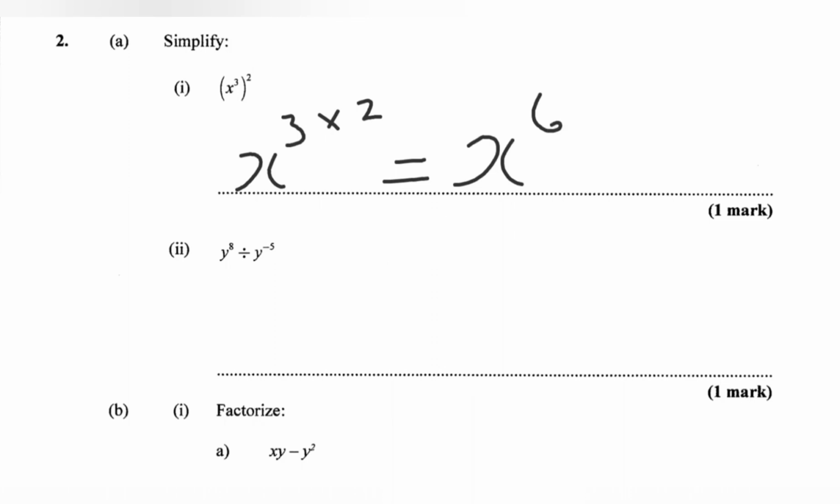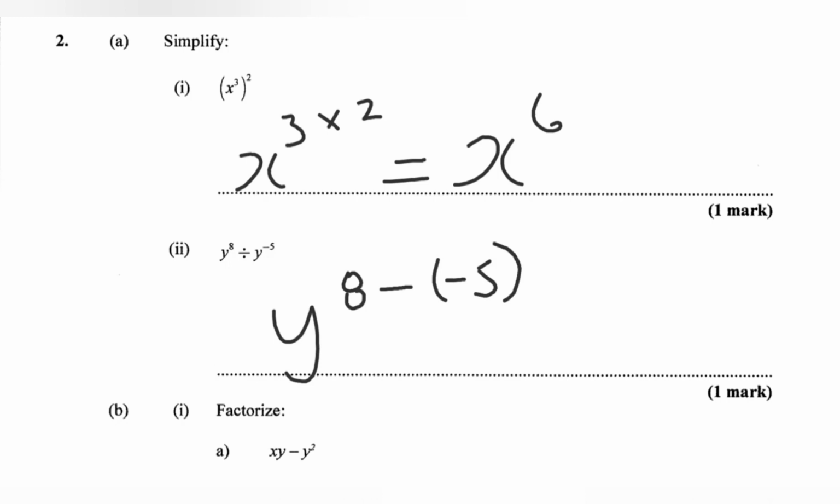Let's go on to question 2a(ii). It says y to the 8 divided by y to the minus 5. In applying the laws of indices, when we're dividing terms with the same base, we subtract the powers. So we're going to have y to the 8, and we're going to minus, but be careful here, we're going to minus a negative 5 because there's a negative on the index.